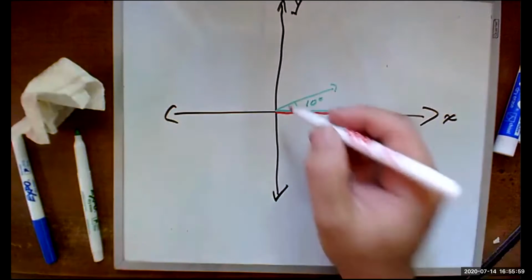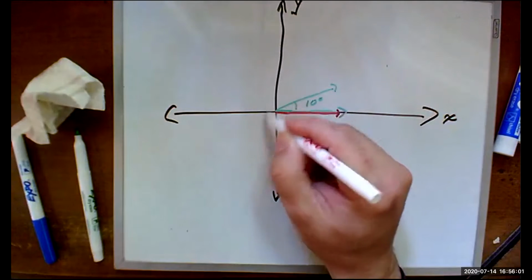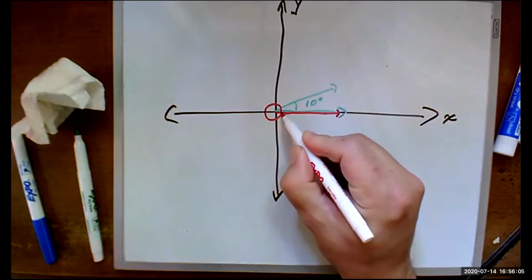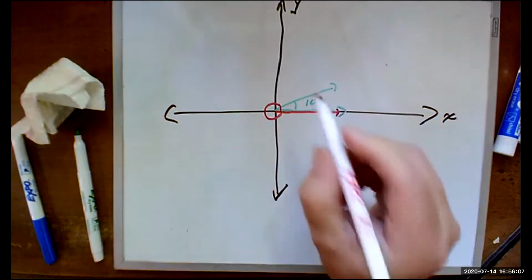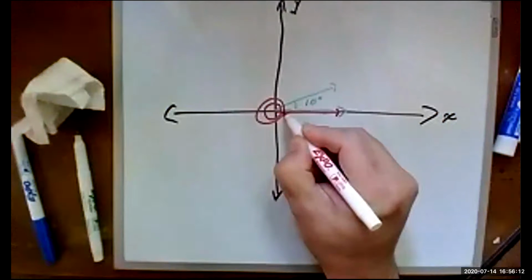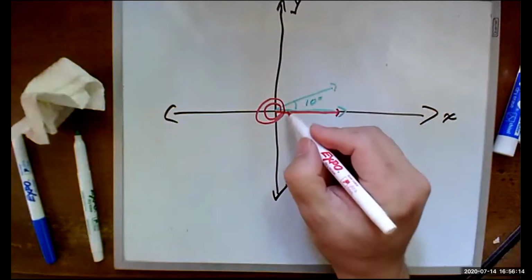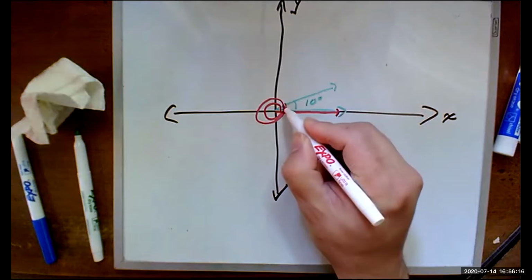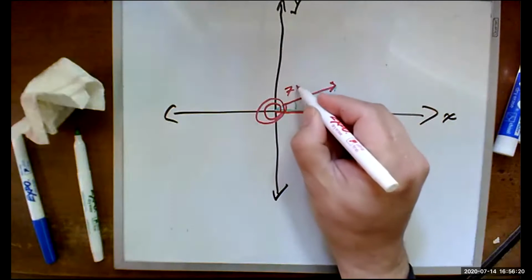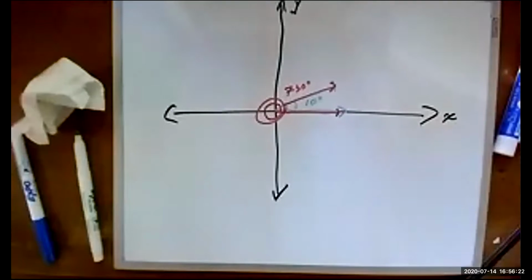But then it's going to go out and around, and we're going to go through once, which is 360 degrees, we're going to go through twice, which is 720 degrees, and then just a little bit more, and I'm going to end up at 730 degrees.